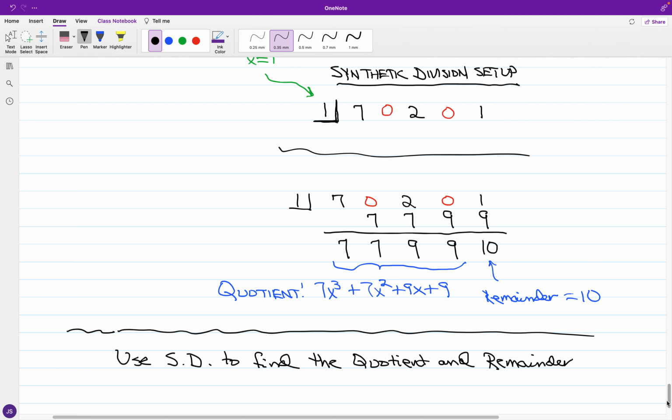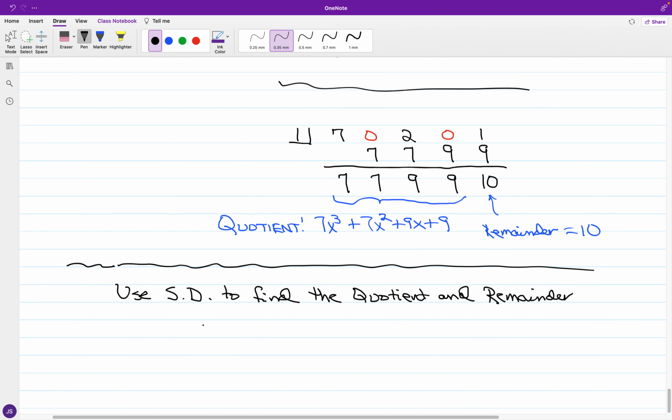Okay, so if I'm using synthetic division to find the quotient and remainder, and we'll say that we have 2x to the fifth plus 4x cubed is divided by x plus 2.